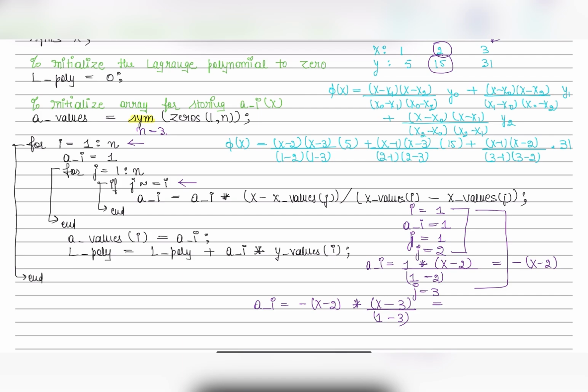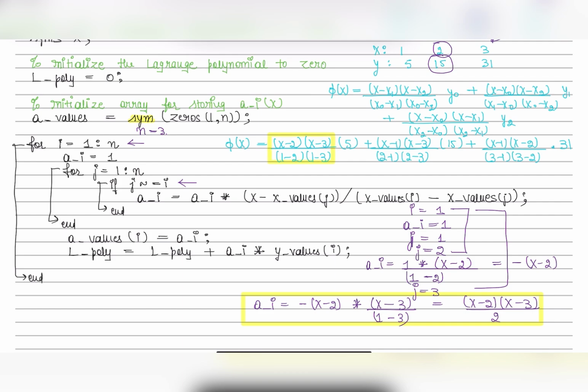Then this value will be updated as x minus 2 into x minus 3 whole divided by 2, and we can see that this value of a_i is same as this value.